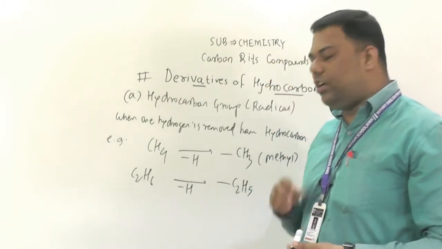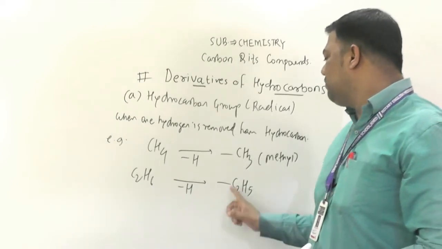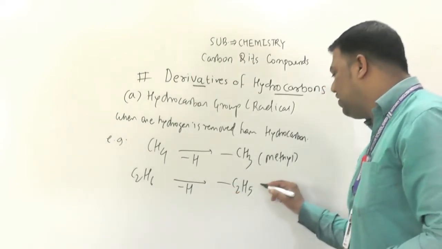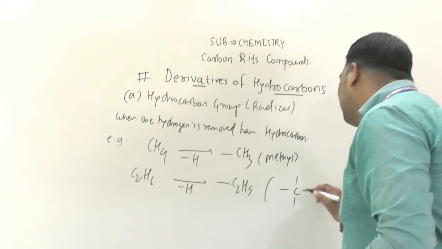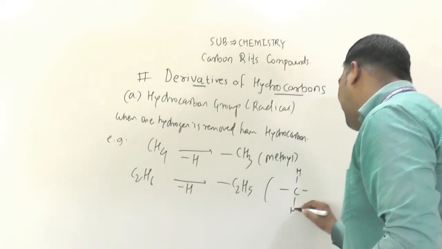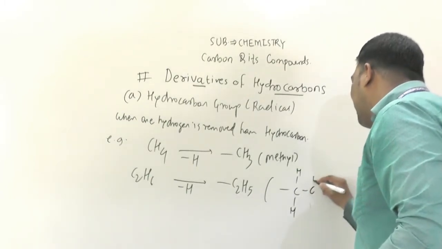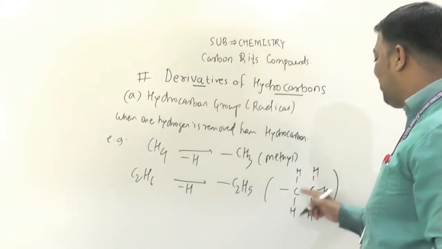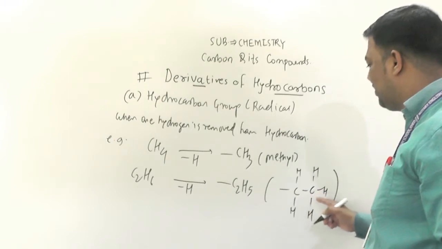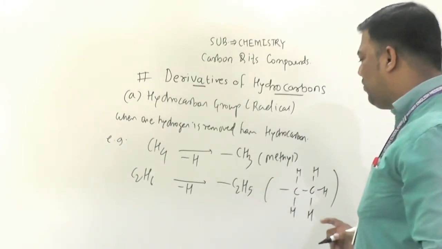Here we have to maintain carbon valency, or you may write it like this. C2H5 means bond CH2 CH3, or we can write C2H5. Understood or not?